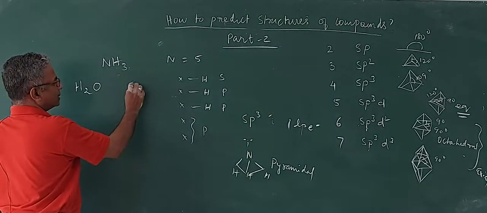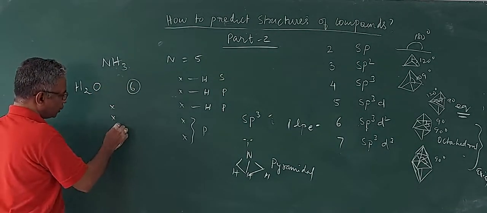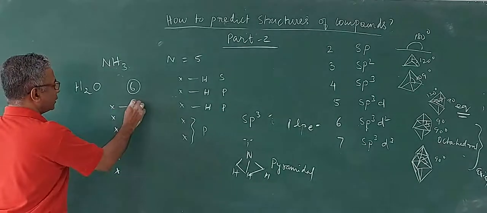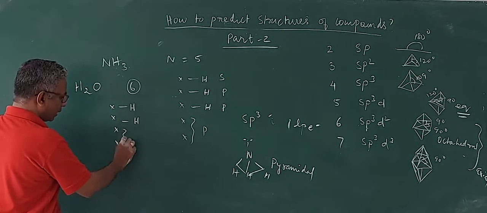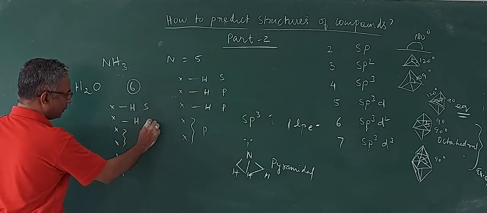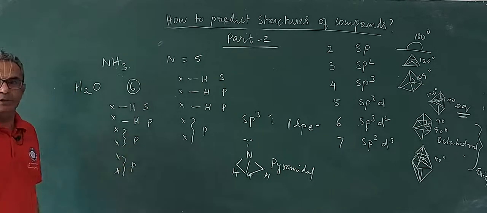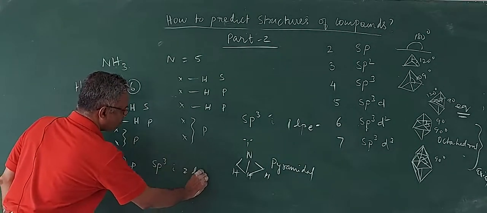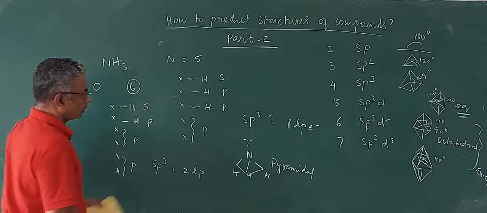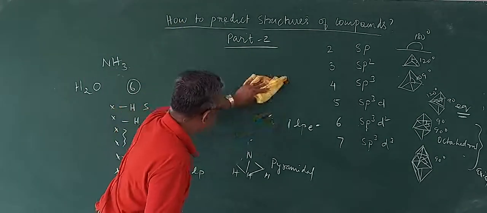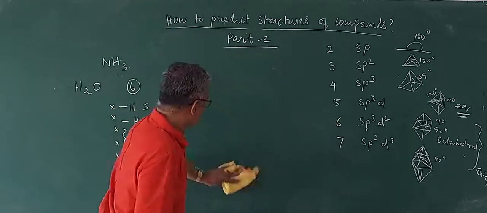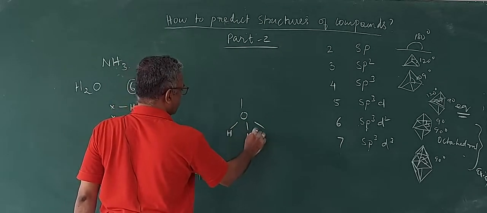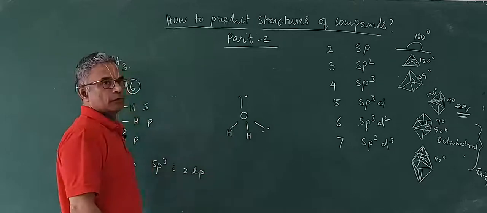Similarly, if you take the example of water, oxygen has 6 valence electrons: 1, 2, 3, 4, 5, 6. You put 2 hydrogens, then you have 2 lone pairs. So S, P, P, P. Again you have sp3 as the hybridization with 2 lone pairs. Therefore, for the shape of this compound, oxygen 1, 2, 3, 4, hydrogen, lone pair.